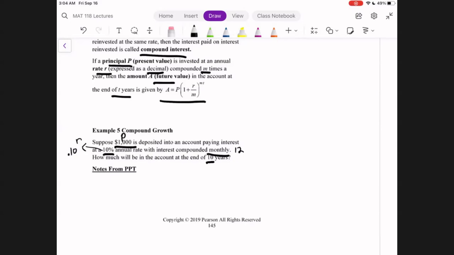How much in 10 years? So that would be T is 10. So let's type in everything. How much we get at the end is 1,000 times 1 plus 0.1 divided by 12, raised to the 12 times 10. So just practice keying this in. Make sure you can key it in. You can use Desmos. I'm going to just use my calculator here.